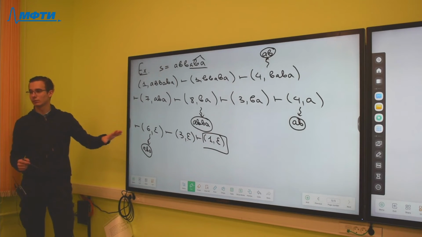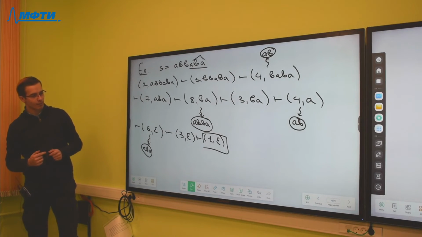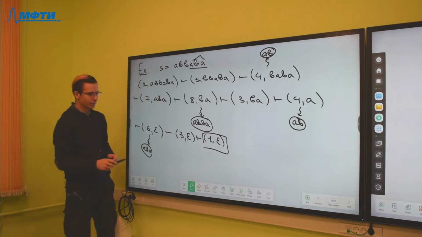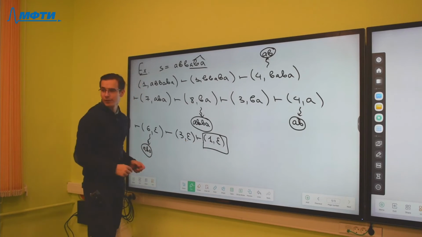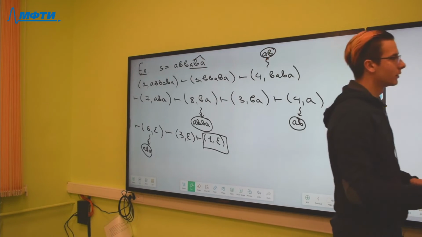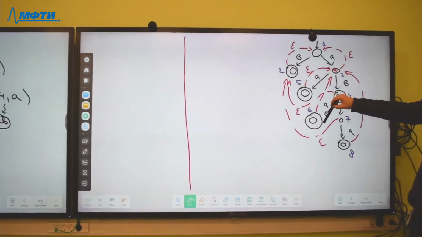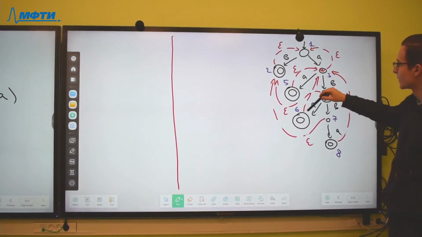Understandable? Yes. So we always end in the initial point. Yeah, we always end with the initial point. Because you can see that if we use suffix links, we can go from all of these states to the initial state.